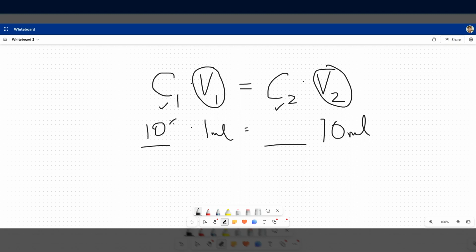They're telling you it's a 1 to 10 dilution, which is their way of telling you V1 and V2, and they're asking you to solve for C2, the final concentration of starch in this solution. One thing to keep in mind is whatever units they're using for C1 will be the same units for C2. They're giving you 10%, so your answer will also be in percent. The volume of the stock solution has to be in the same units as the volume of the diluted solution, so that has to be consistent.